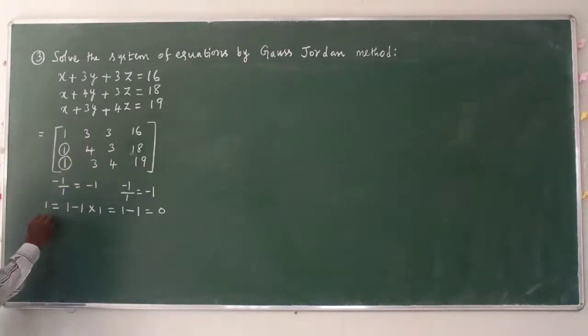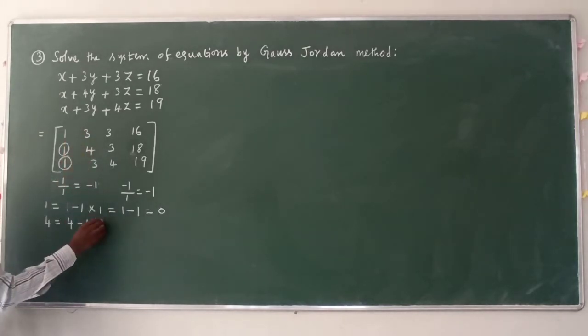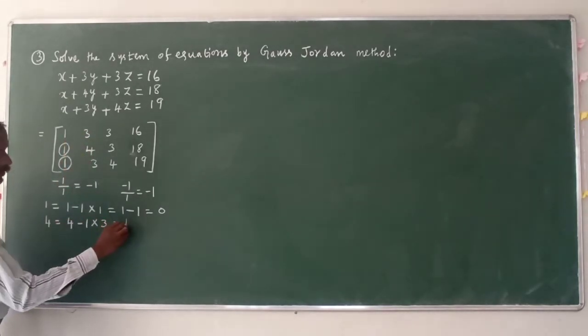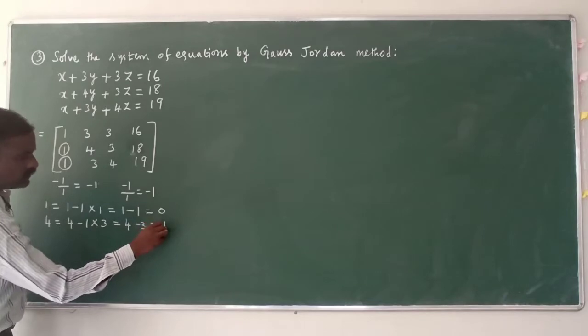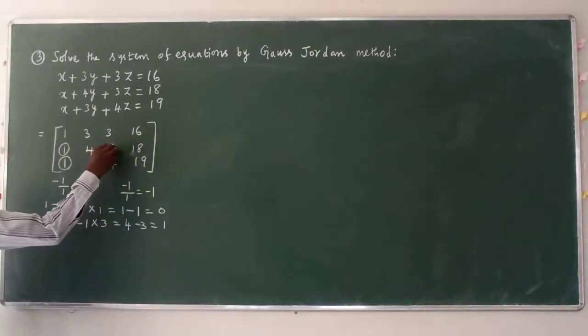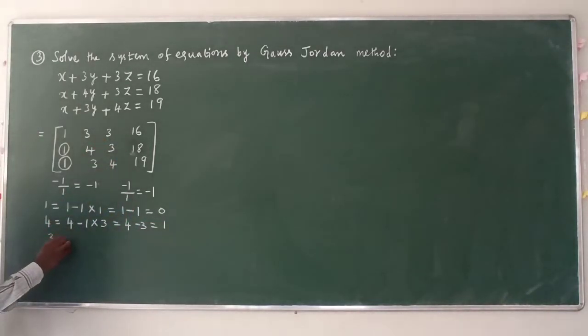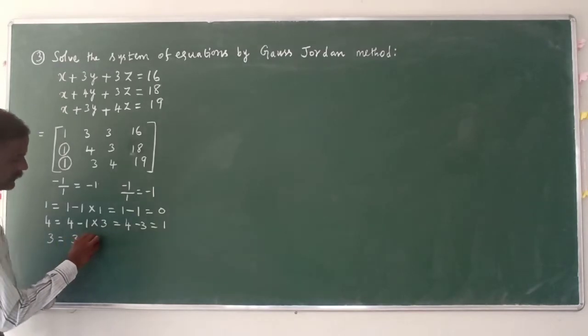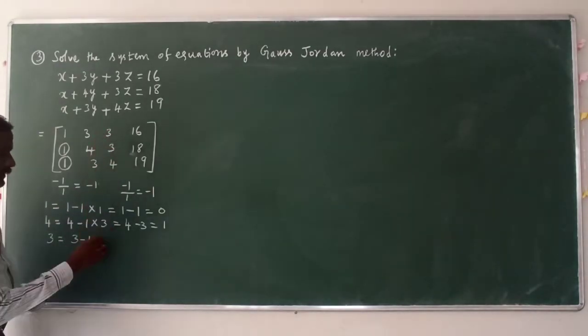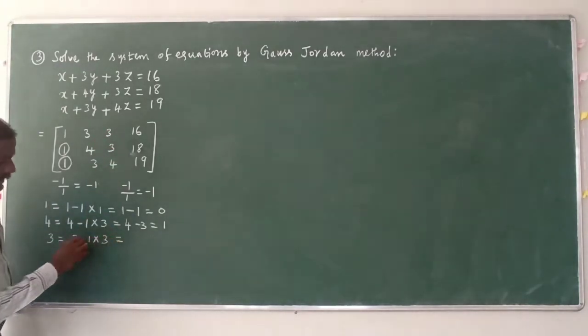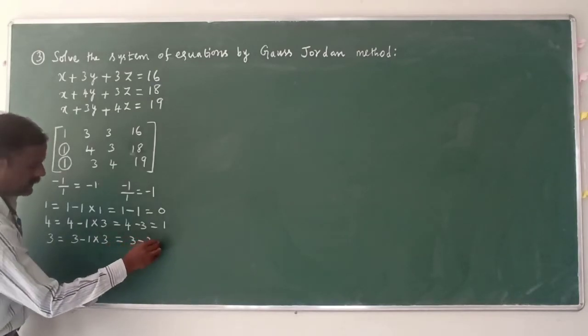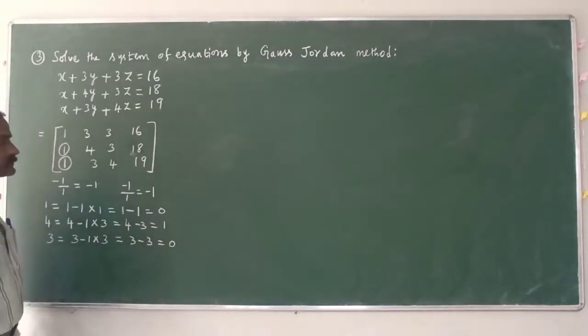Next, 4 minus 1 into the corresponding row 1 value 3, so 4 minus 3 equal to 1. Next, 3 equal to 3 minus 1 into the corresponding 3, so 3 minus 3 equal to 0.